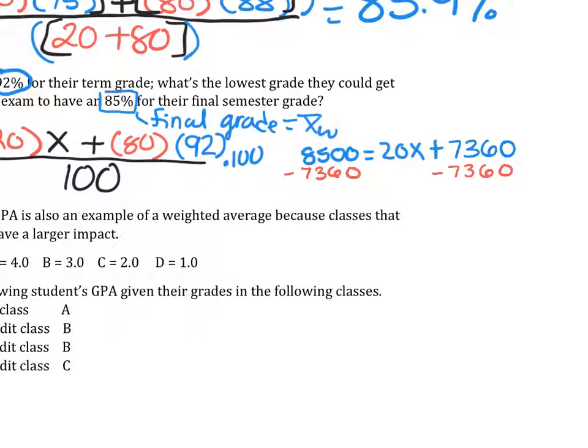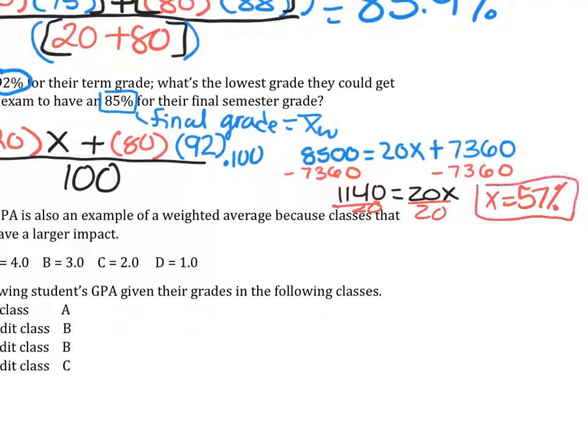And we get, and then finally divide by 20. You should get x equal a 57%.